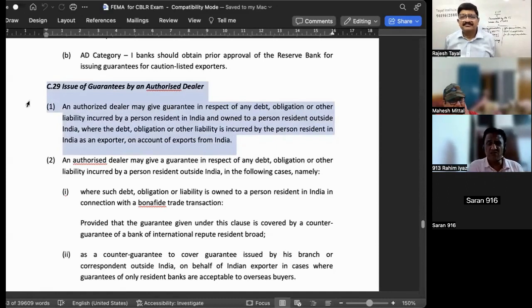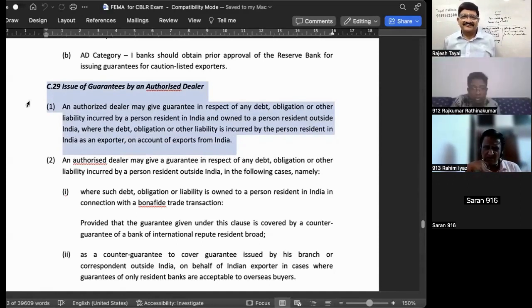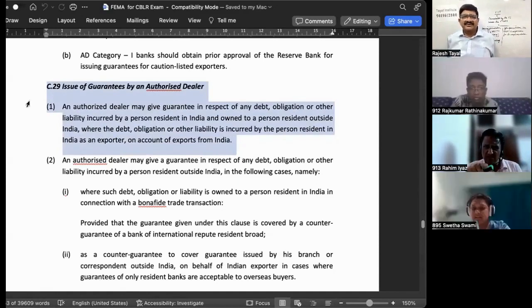To the exporter's favor. Guarantee is given in favor of a person resident outside India on behalf of the resident. It is not given to the resident, it is given for the resident.